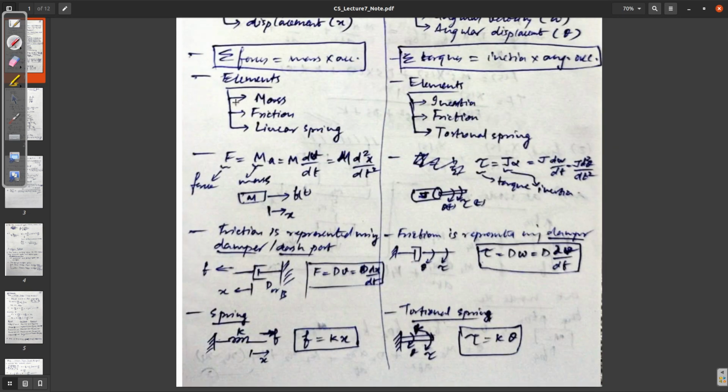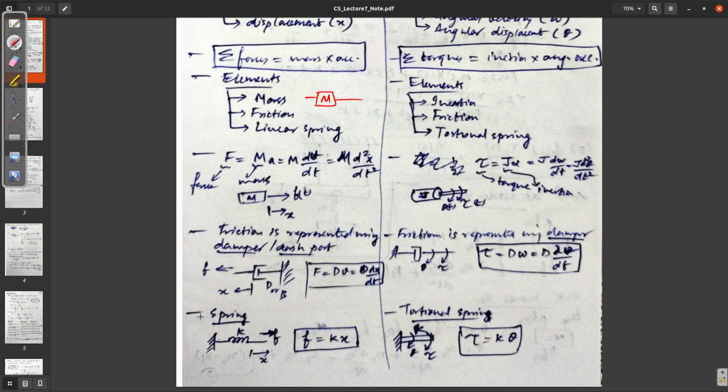What about the elements? We have mass, which is usually shown as a rectangular box. We have friction or a damper, which is shown like this. Friction is usually represented using a damper like this.